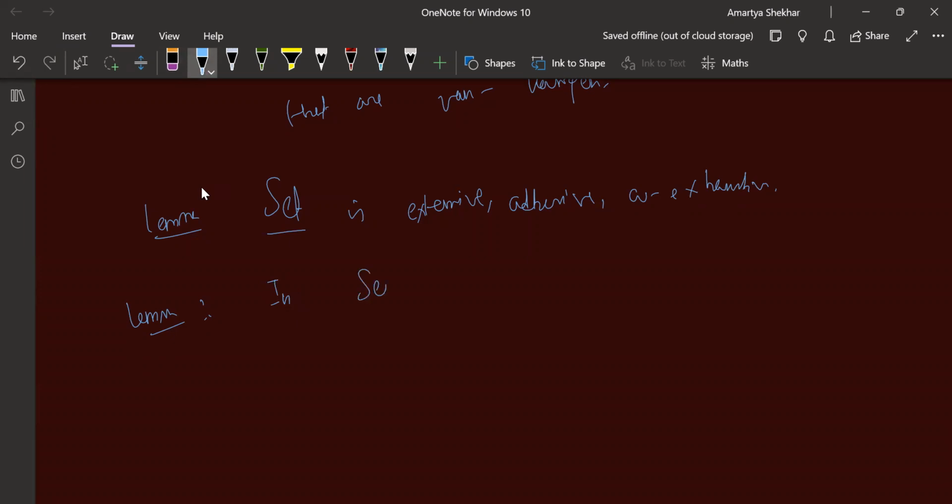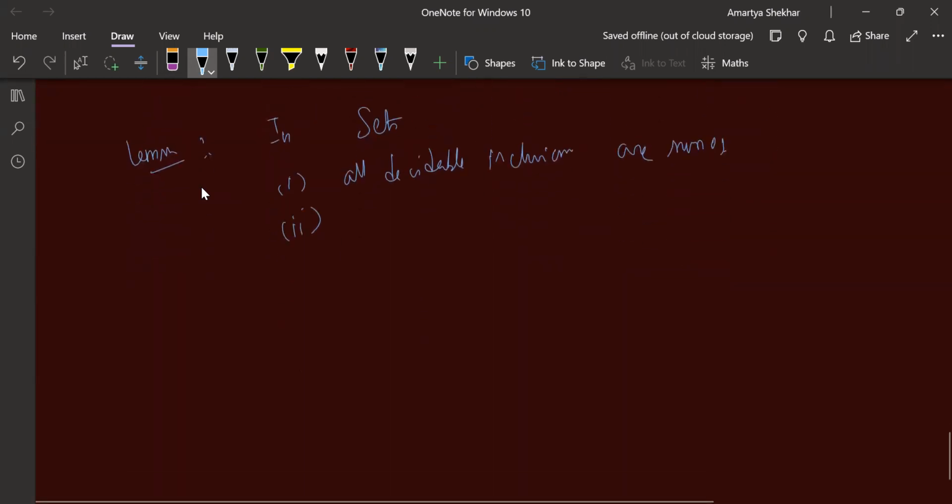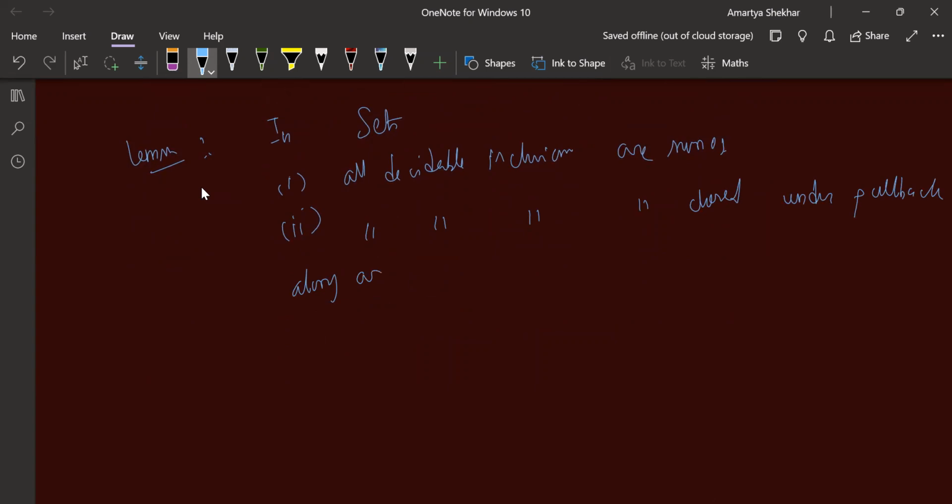In the category of sets, and this is again very important, all decidable inclusions are monos. We'll be using this later. And all decidable inclusions are closed under pullbacks along arbitrary functions.